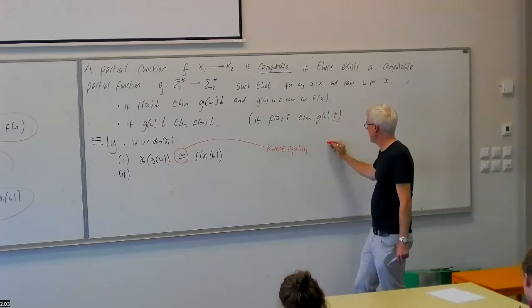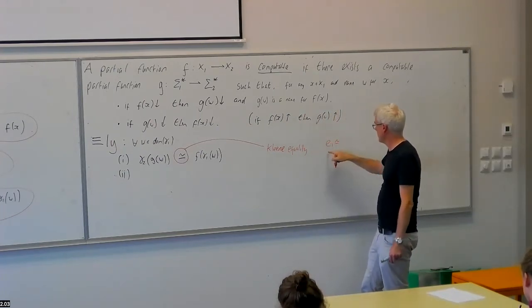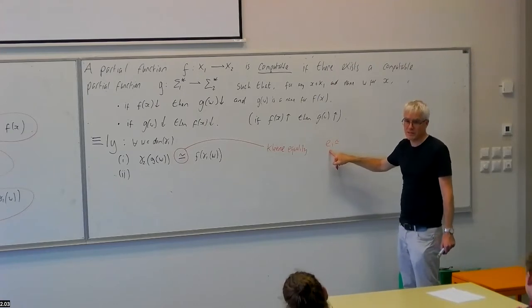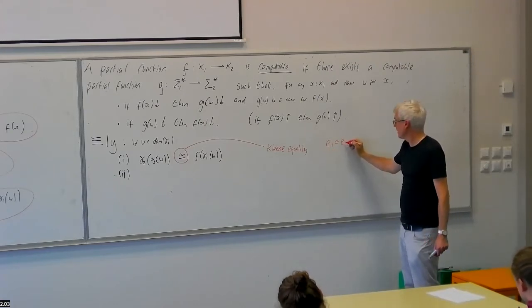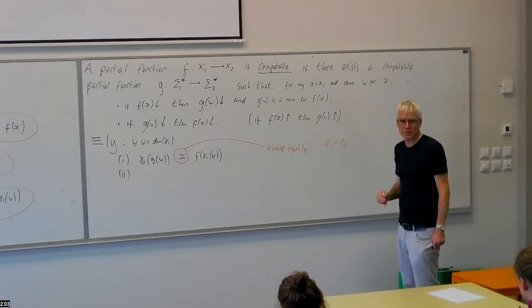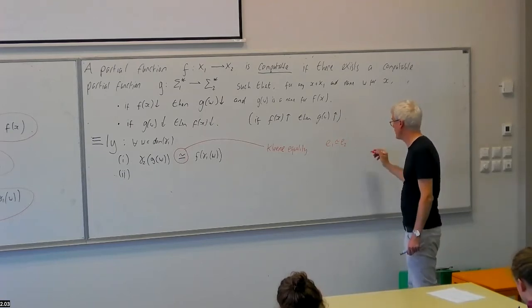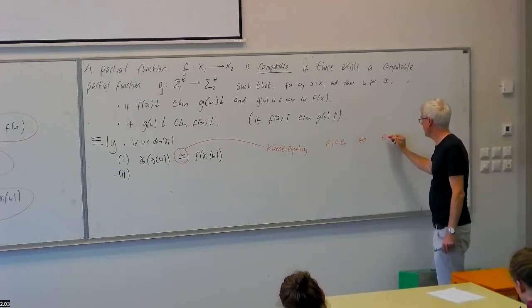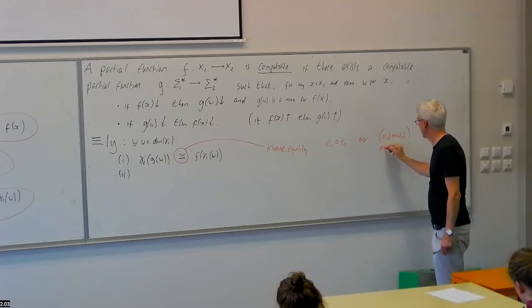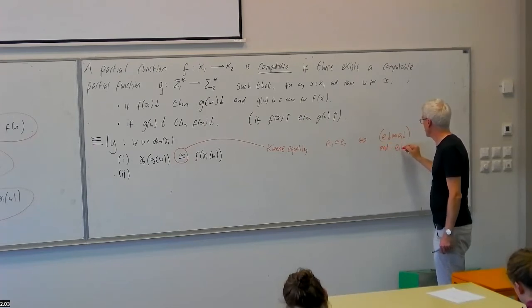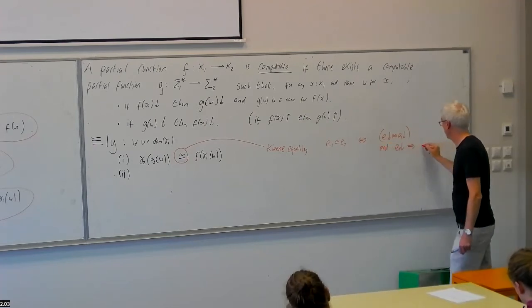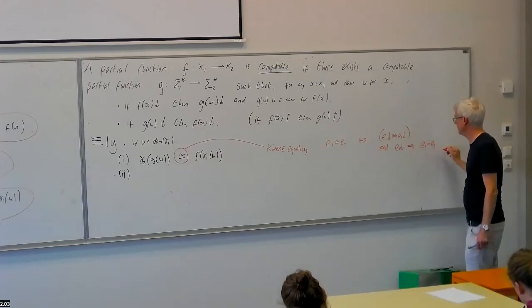It's defined by: E1 is Kleene equal to E2, so some expression that may be undefined is equal to some other expression that may be undefined, if and only if, firstly, E1 is defined if and only if E2 is defined, and if E1 is defined, then E1 equals E2.